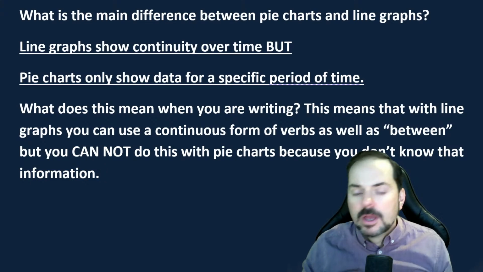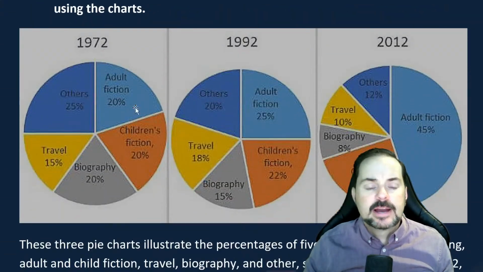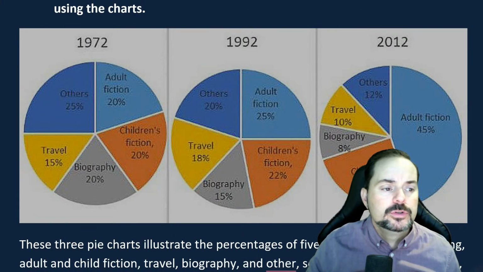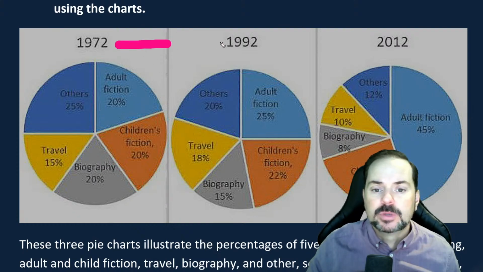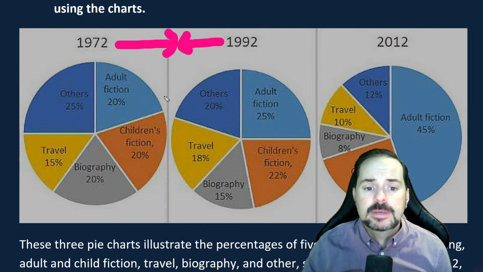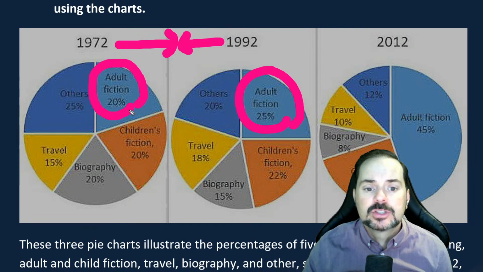All right. So let me show you what I mean by this specifically, right? So here we have our 3 pie charts for this session. We don't know what happened between 1972 and 1992. There's 20 years there. So here in 1972, adult fiction's 20% of sales. In 1992, adult fiction is 25% of sales, and some students say, oh, it was increasing.